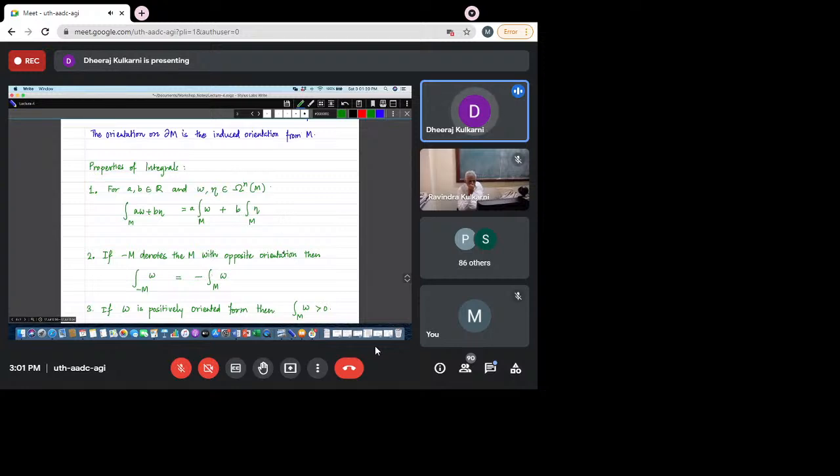Because the identity map from M to minus M is a diffeomorphism, but with the orientations that we have given it becomes an orientation reversing map, and therefore you pick up this minus sign.